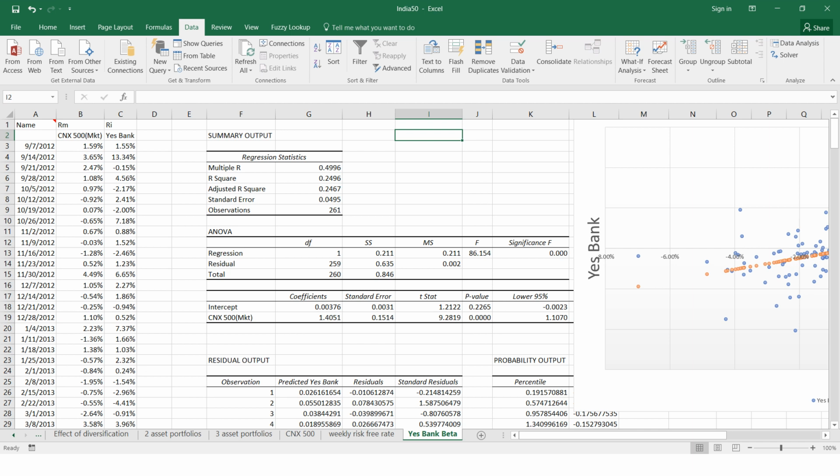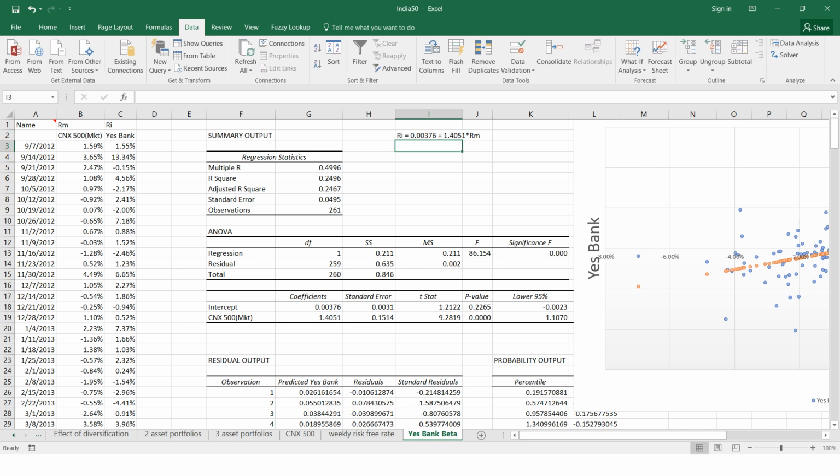This means that this equation is something like this: Ri is 0.00376 plus 1.4051, which is my beta, into Rm. This is the equation that I got.